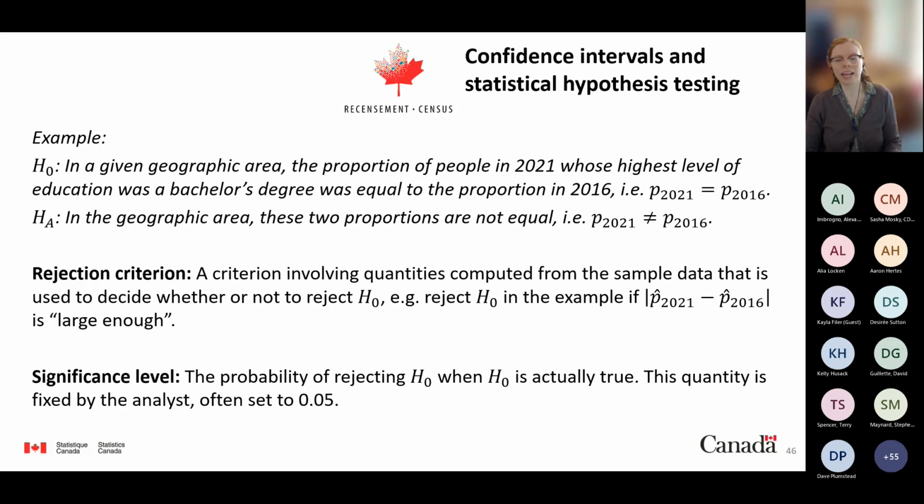But since we only have the data from the sample to go on, our test won't be perfect, but we can insist that we at least have a low probability of an error of the type where we reject the null hypothesis when it's actually true. And that probability of rejecting the null hypothesis when it's actually true is called the significance level. And it's a quantity that's fixed by the analyst, and it's often set to 0.05.